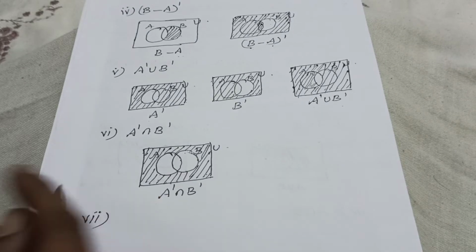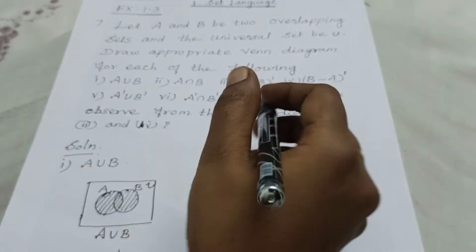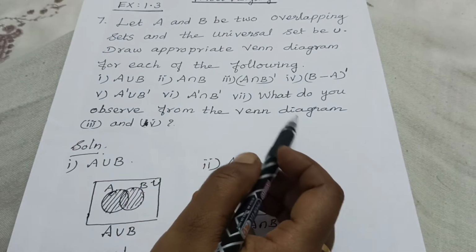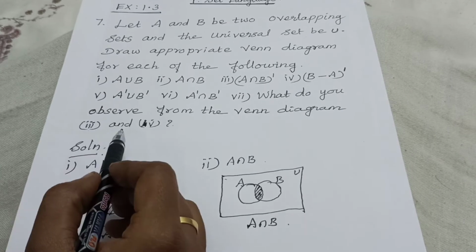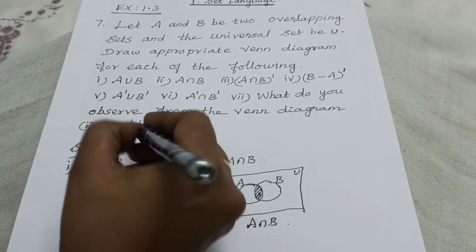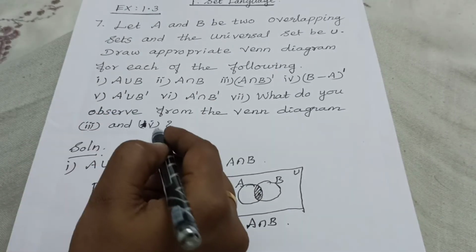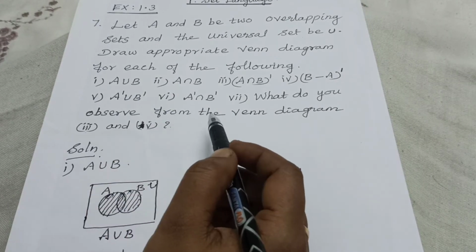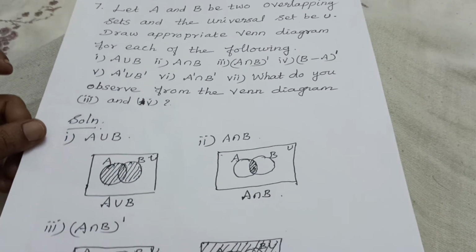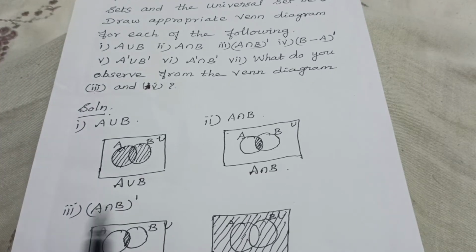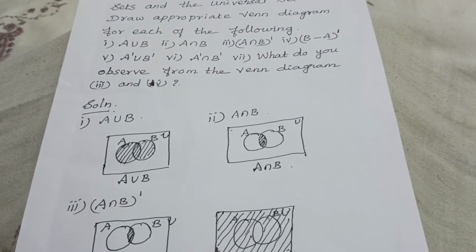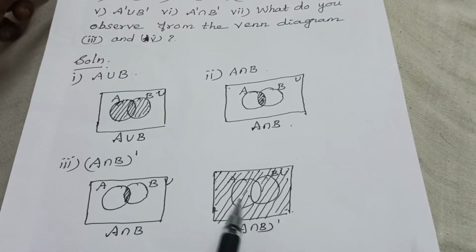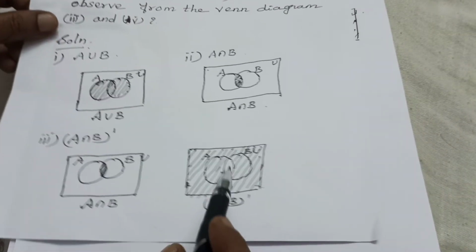Seventh subdivision. Your question: what do you observe from the Venn diagram? The third one and the fifth question. Third one is A intersection B the whole dash.